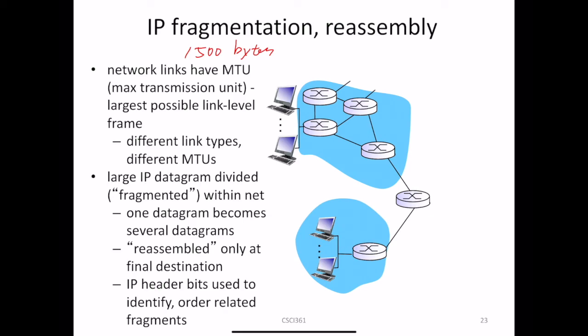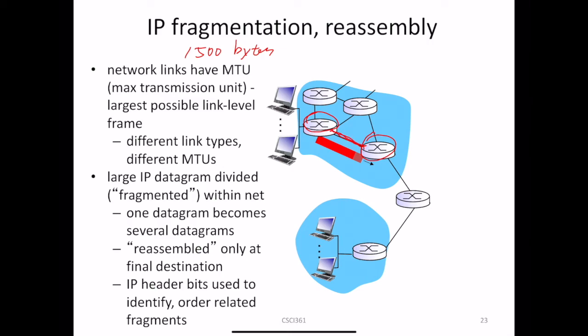Therefore, the larger IP datagram will be divided into smaller datagrams, and this action we call fragmentation. Then one datagram will become several datagrams, just like the illustration here. So this router will send larger datagrams to this router because this link can transfer the larger datagrams.